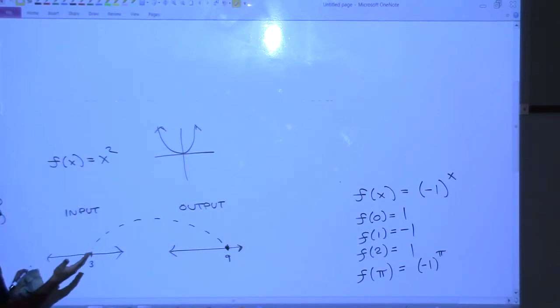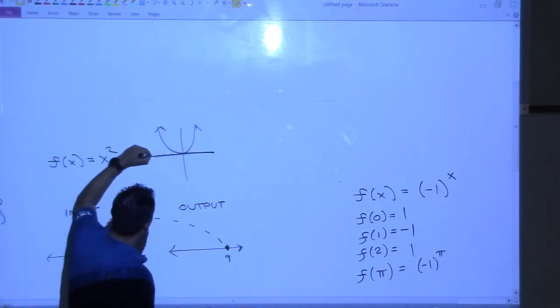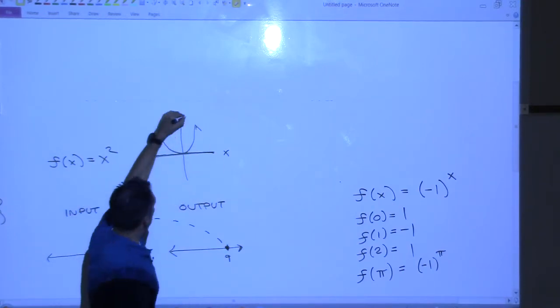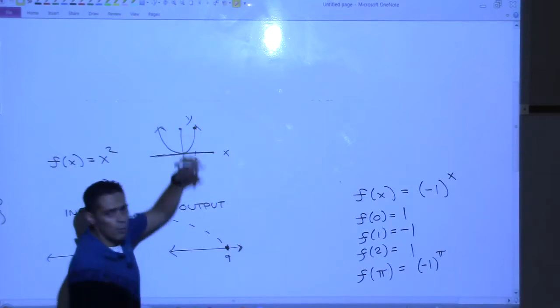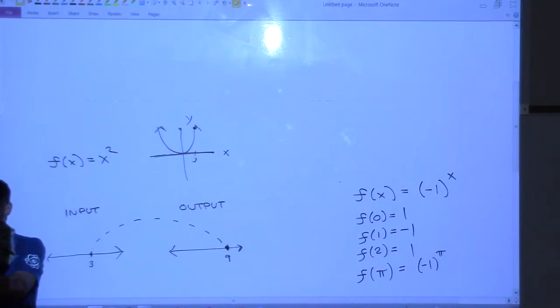Okay, well, let's be clever. Let's put this real number line here and call that x. And let's take this one and turn it vertically and call that y. So you plug in 3, it spits out 9, and that point corresponds to both of those axes put together. Understand?